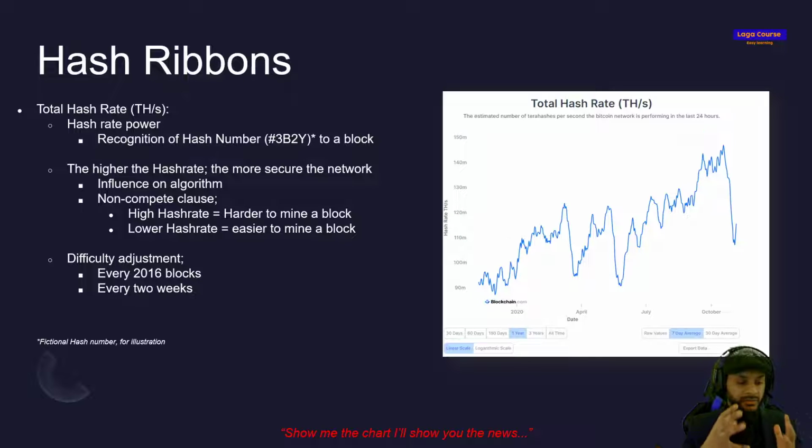All the computers need to validate all the transactions and have the same outcome, which means that the network is more secure. Sometimes you see the hash rate spike and drop, spike and drop, spike and drop. When the hash rate increases, it means that it is more difficult to mine a Bitcoin, which means that the competition for mining a Bitcoin will get harder.